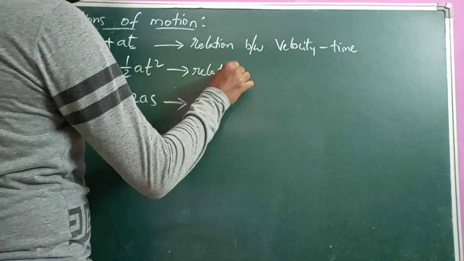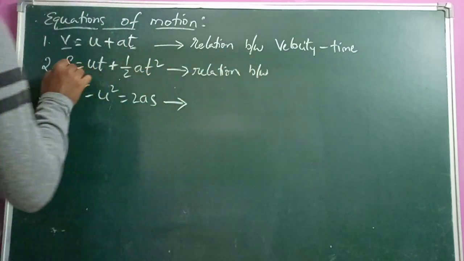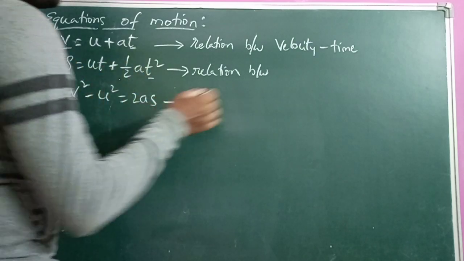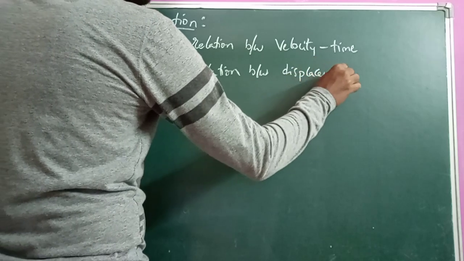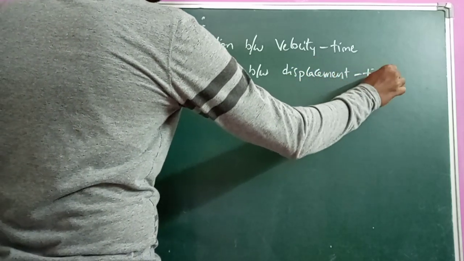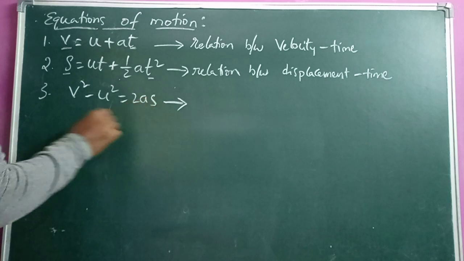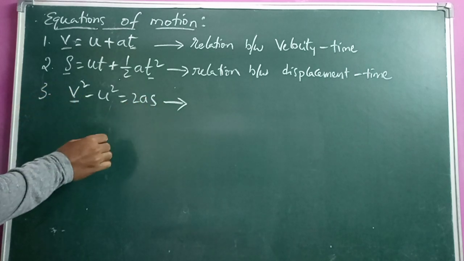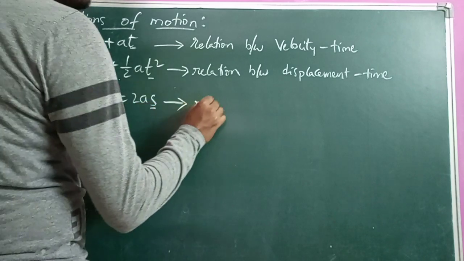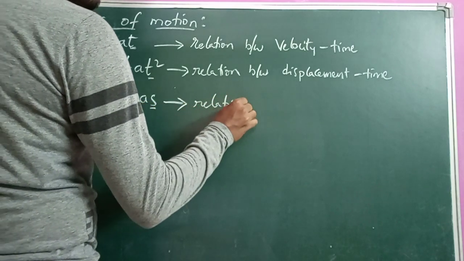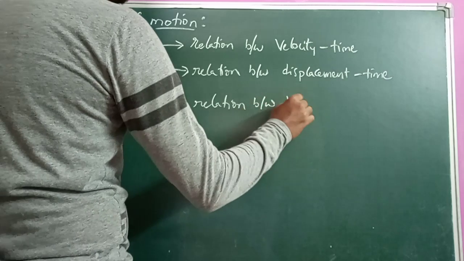And second equation of motion gives the relation between first letter S and last letter T. Displacement, time. Third equation of motion gives the relation between first letter V and last letter S. So relation between velocity and displacement.